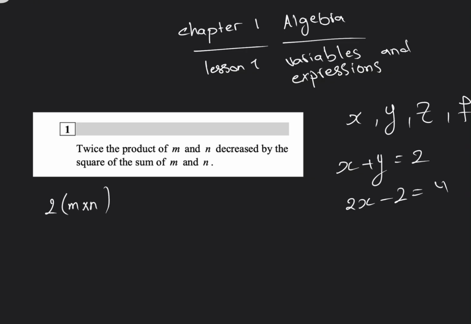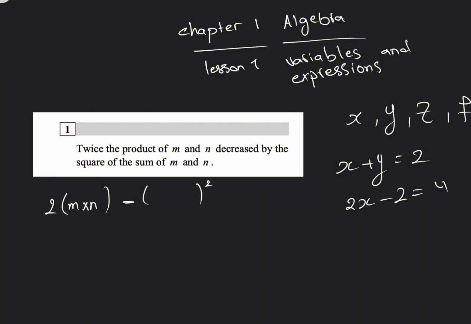They said decreased by. When you hear decreased by, that means less than, that means minus, that means the difference. So all of these vocabs are the same. So decreased by, minus, the square of the sum of m and n. So first we have the square. The square means power 2.